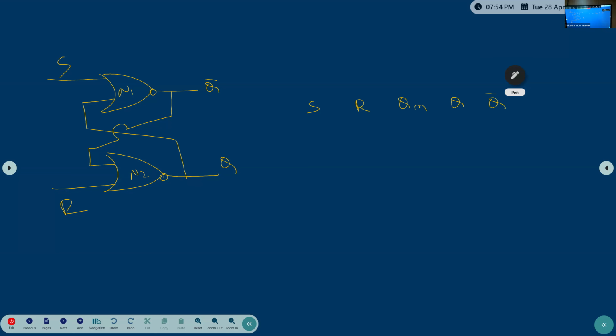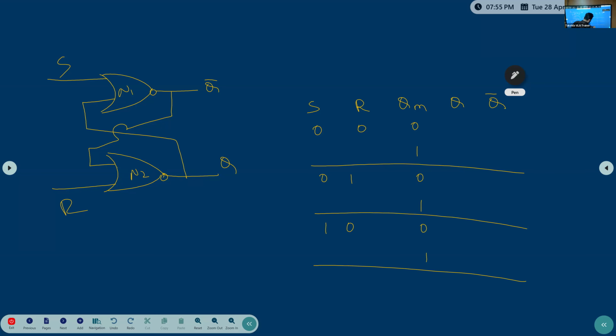This is the thing. So now 0 0 memory, 0 1 case will be there. Memory 2 possibilities will be there. Memory either 0 or 1. 0 1 memory 0 1 case will be there. 1 0 0 1 case. 1 1 0 1 case.